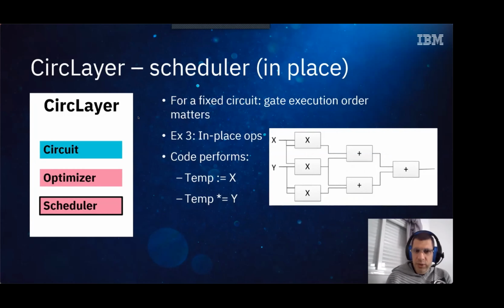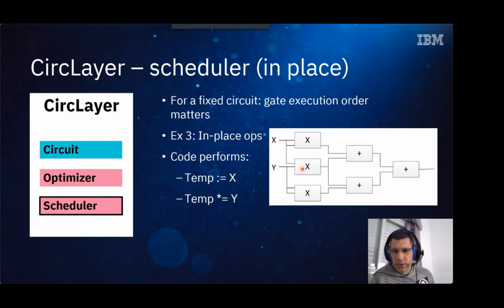So if x, for example, is not going to be used later in the computation, we can just multiply y into x and rename the variable, so x will now be called temp. But for example here, x is used twice, once for this gate and once for this gate. So we cannot perform the in-place computation.